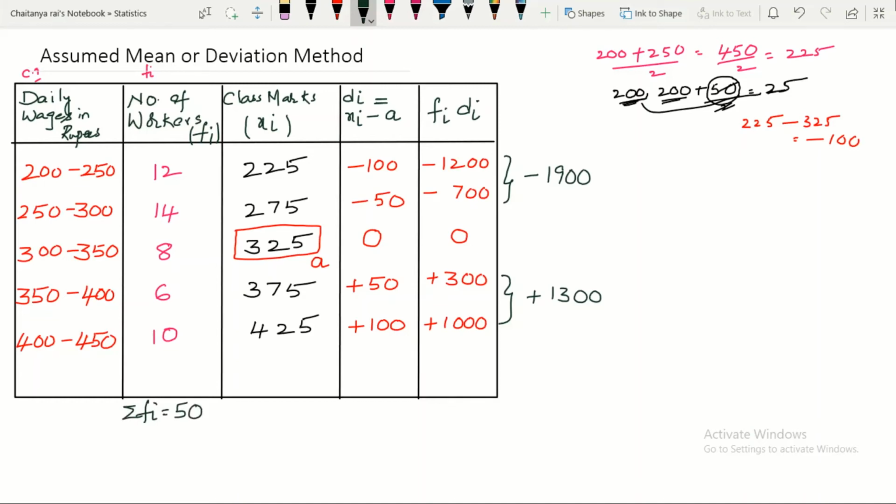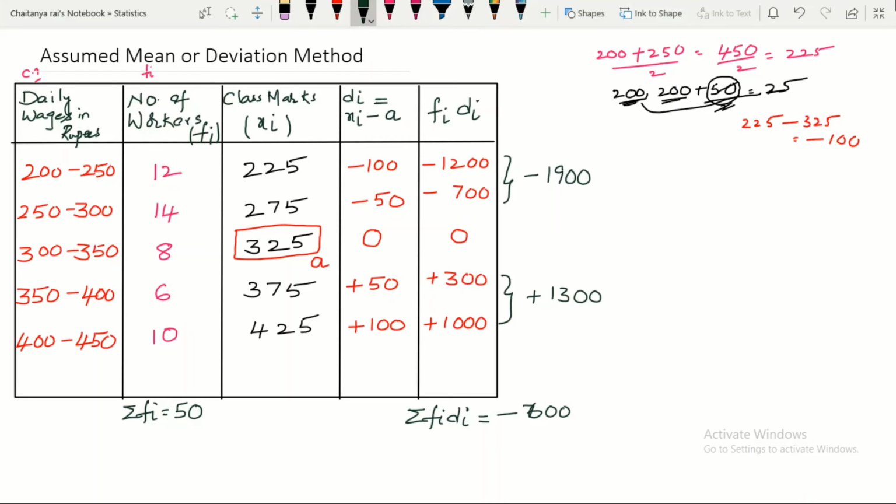Now we have to take sigma fi di, but we have two different values, one negative and another positive, so we simplify these two. This number being larger, the answer gets the same symbol. 1900 minus 1300 gives negative 600.